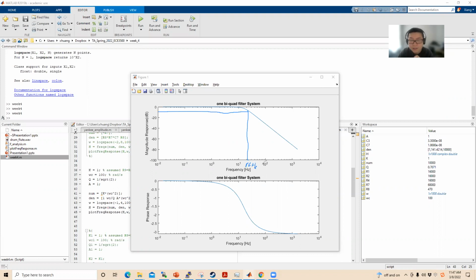Cutoff frequency is corresponding to when the magnitude decreases to about -3 dB. I think I can't explain the cutoff frequency very well, but if you Google it, I think you can get the correct answer. Yeah, just Google it.